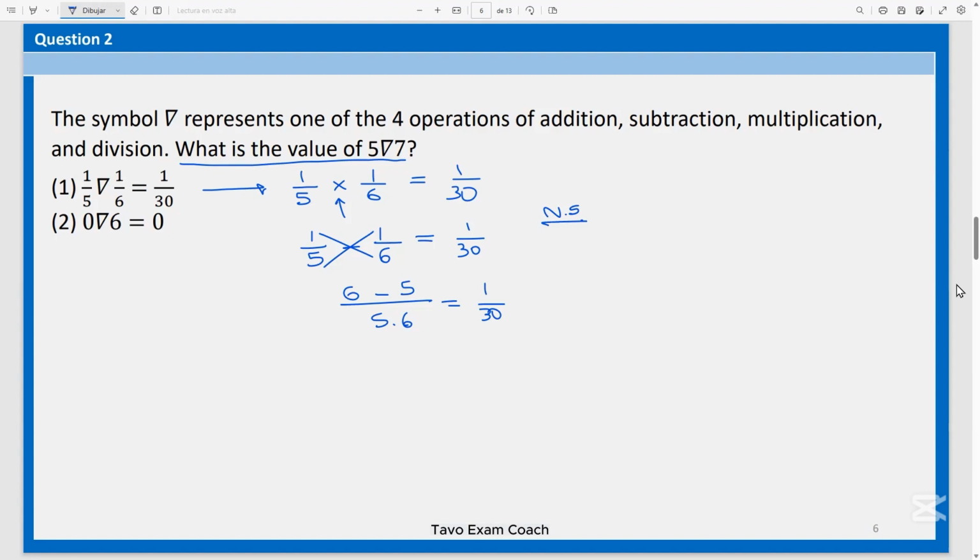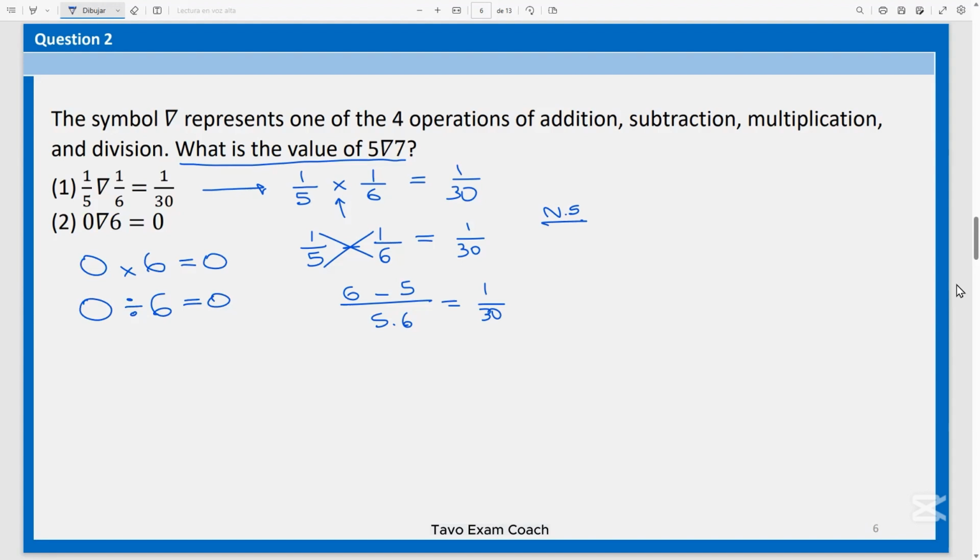If 0 triangle 6 equals 0, triangle means a unique operation, but it might be more than 1. Again, the most obvious one would be the multiplication, right? 0 times 6 equals 0. But if you divide 0 by 6, that also yields 0. Yeah, 0 is divisible by any number except by 0.